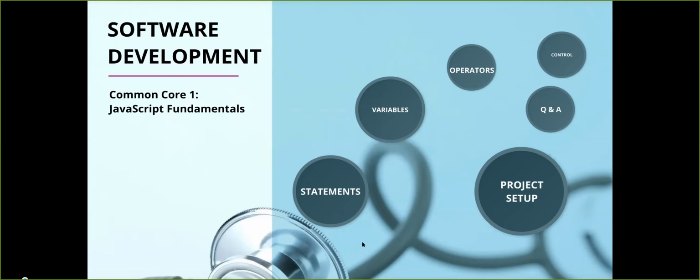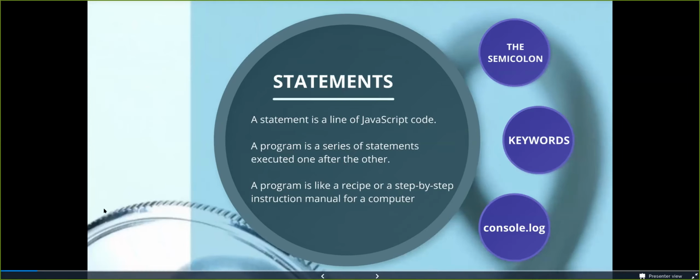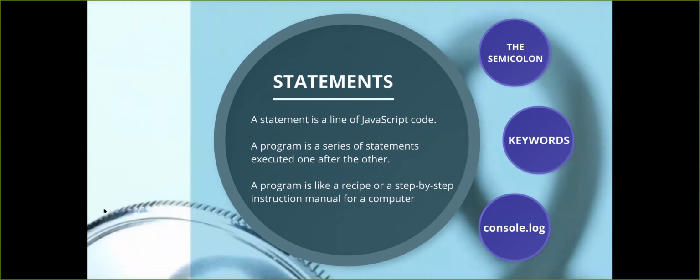So we're going to start off with statements, right? What's a statement? A statement is a line of JavaScript code, right? A program is just a series of statements executed one after the other in sequence.